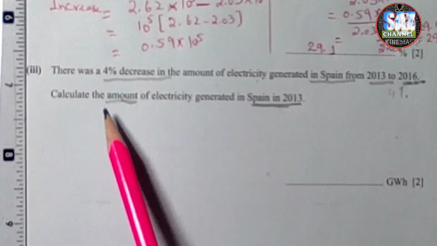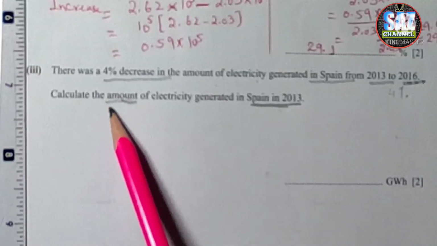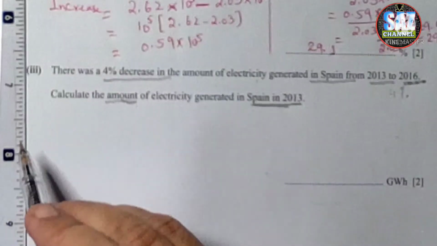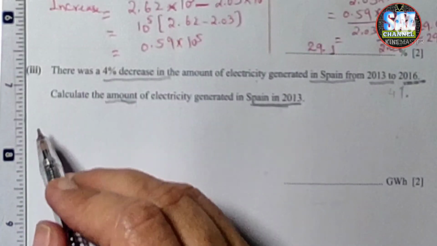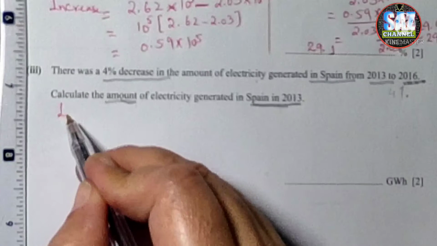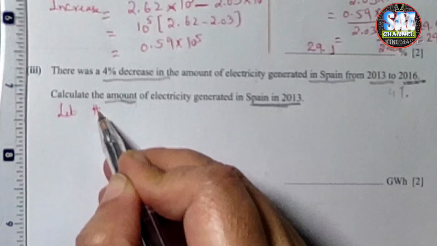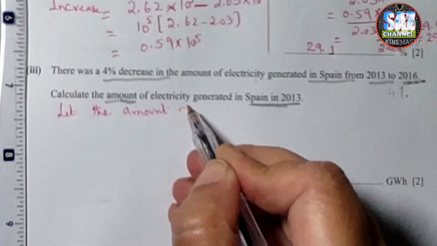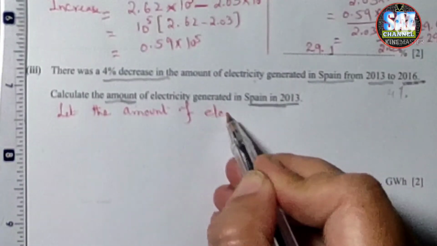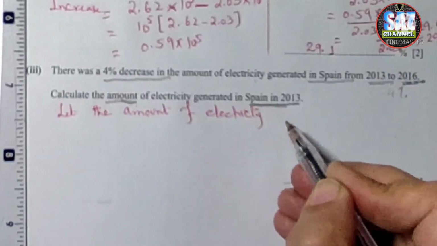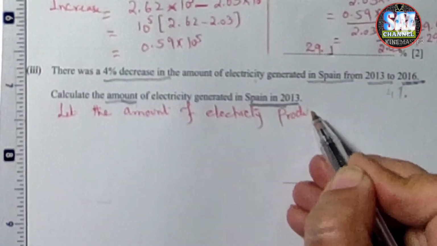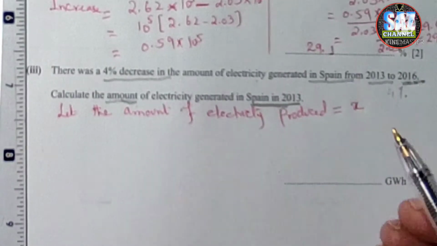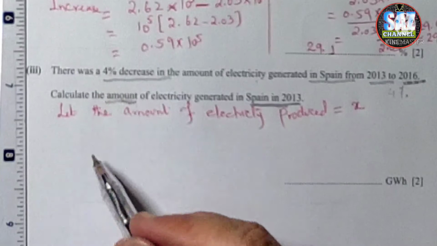So we have to find the amount of electricity. Let the amount of electricity produced in Spain in 2013 be X units. Then there is a 4% decrease.